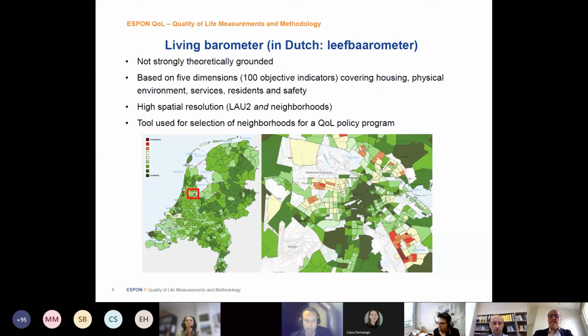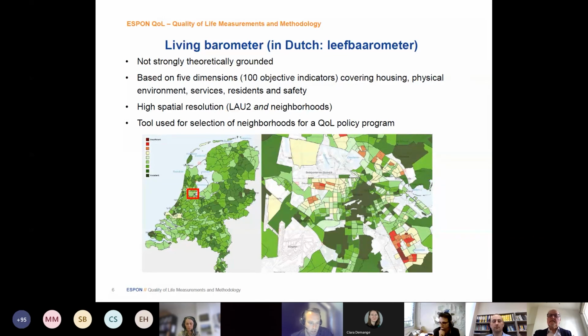So it's interesting to see actually that this index is most strongly embedded in policy. So neighborhoods that perform low on this scale are actually selected for policy programs. But even though it's most strongly embedded in policy, it's not most theoretically motivated. So indicator selection is very arbitrary and just driven by data availability actually.